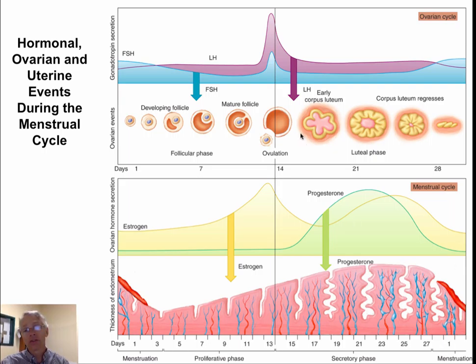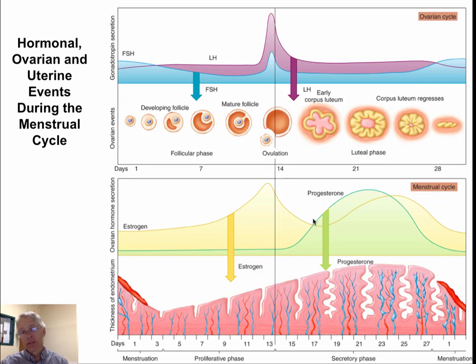Just a couple of quick notes. There's this big bump in the hormone LH, that's a hormone from our pituitary gland, that is the direct stimulus for ovulation. It is this burst, this great jump in luteinizing hormone, LH concentration, that causes ovulation.